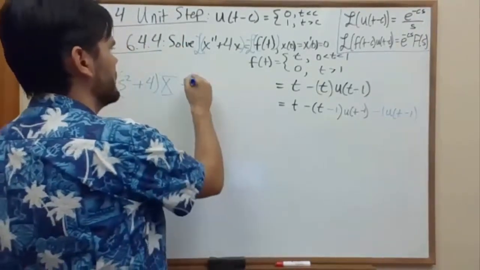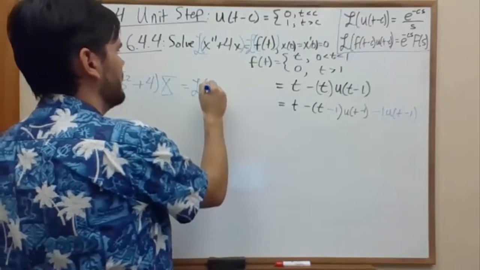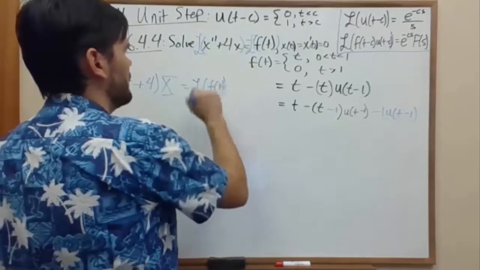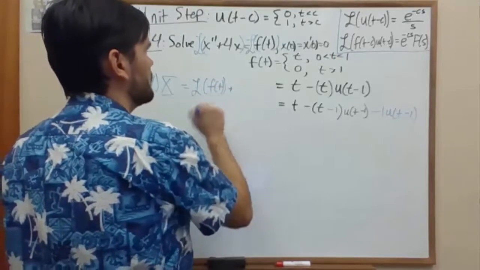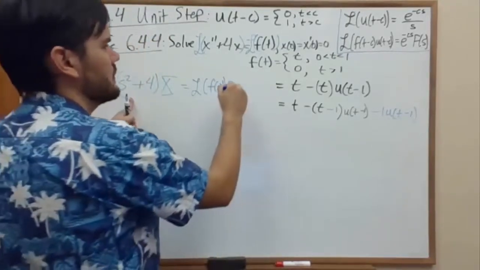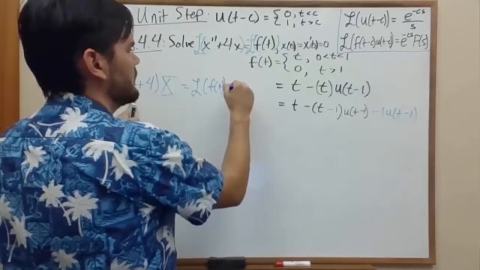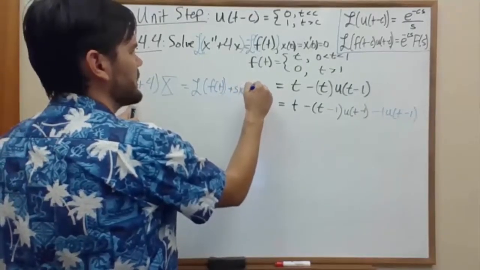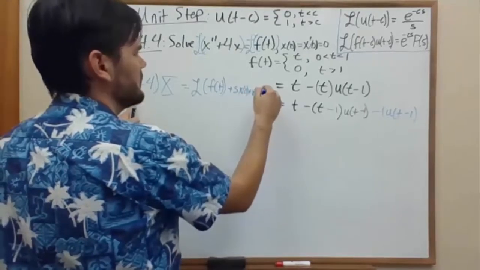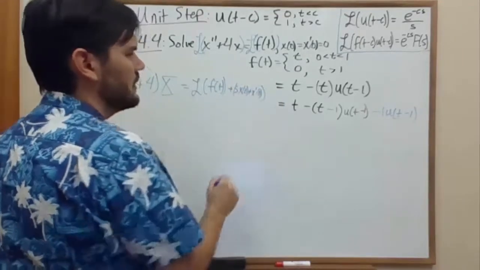Or I'll just write this as a transform of f, plus s x0 plus x prime of 0, which are both 0, so keep that in mind.